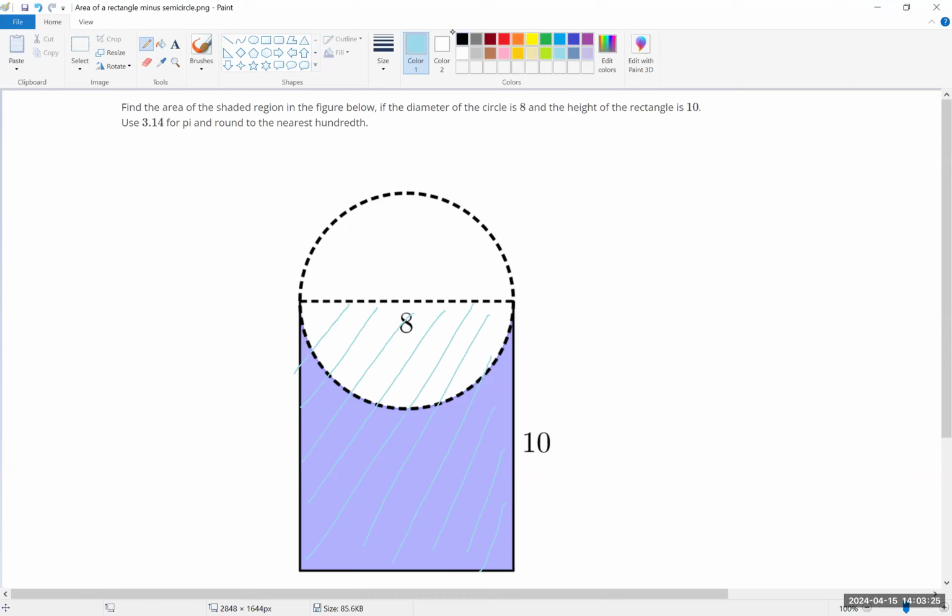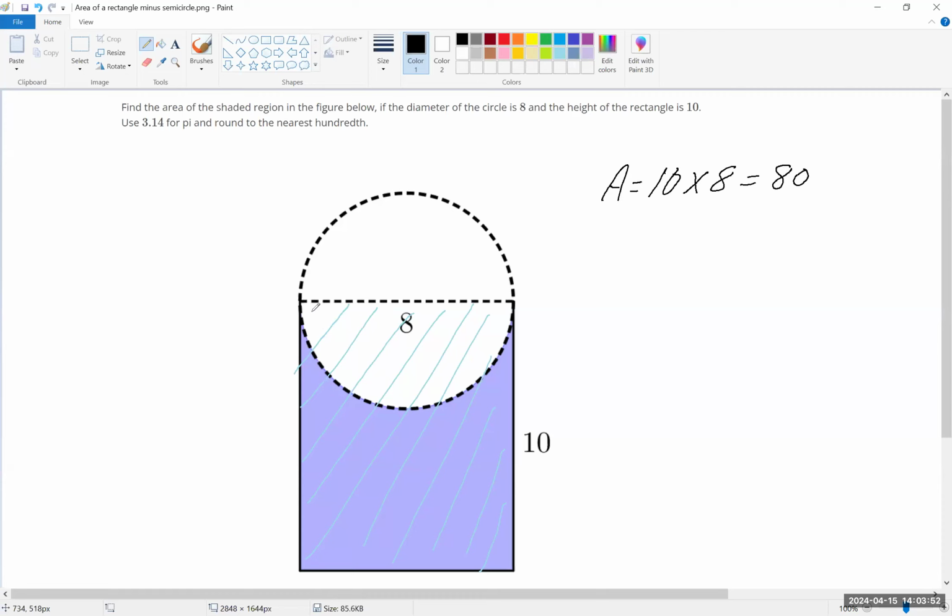So then, that said, it should be fairly obvious that the area of the rectangle is length times width. We usually call the longer side the length. So this is 80. It's 80 square units. They don't tell us what those units are.